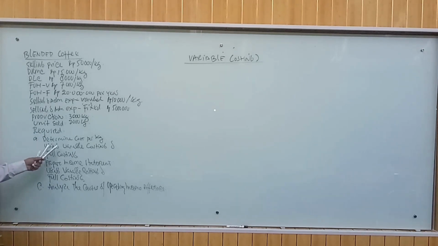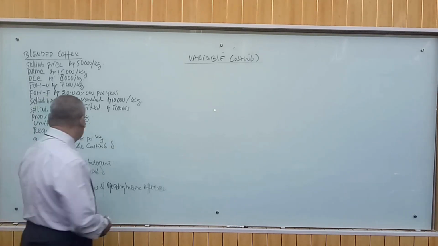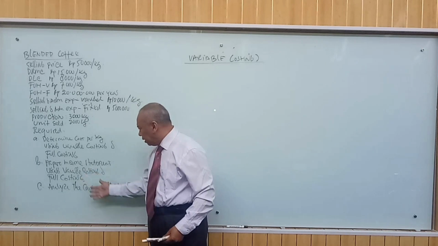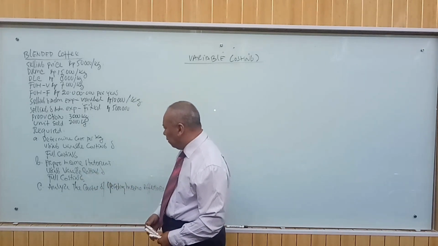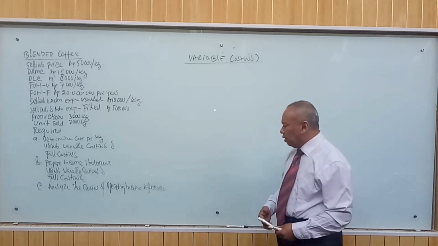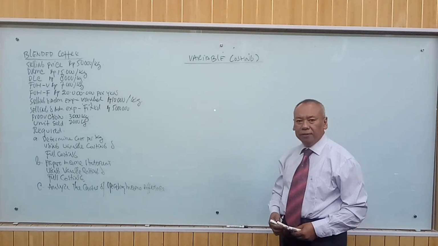Required: determine the cost per kg using variable costing and using full costing. Second, prepare the income statement using variable costing and full costing. And the last question, analyze the causes of the operating income difference.